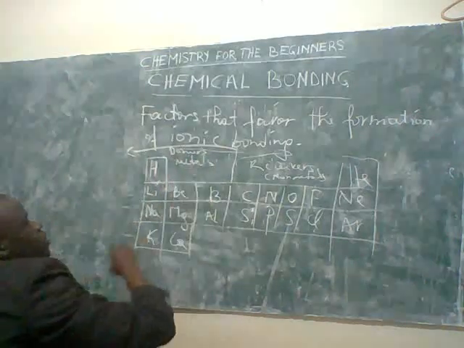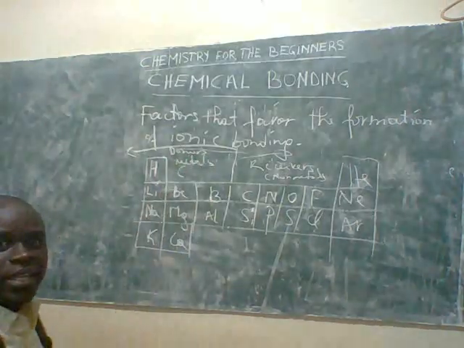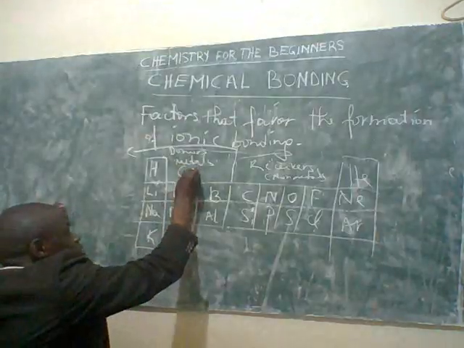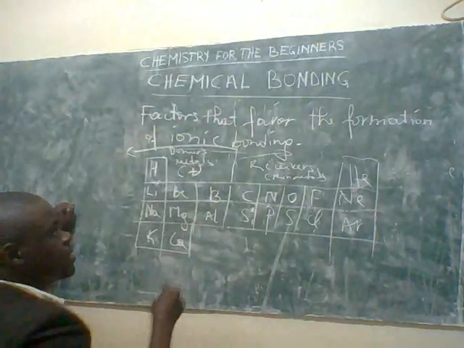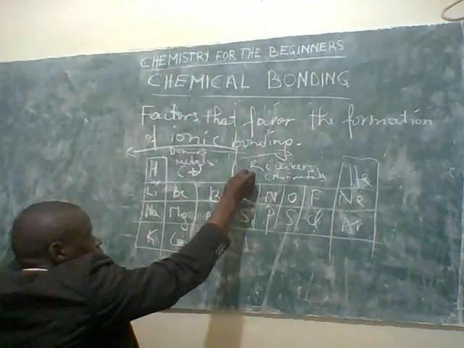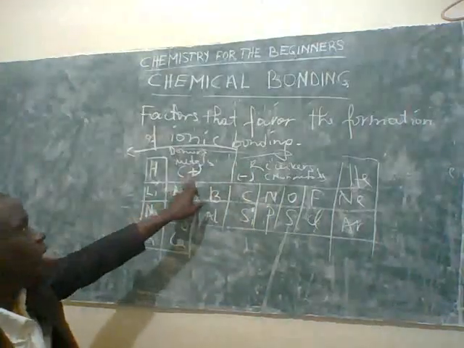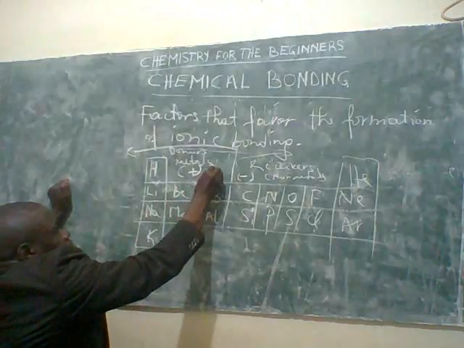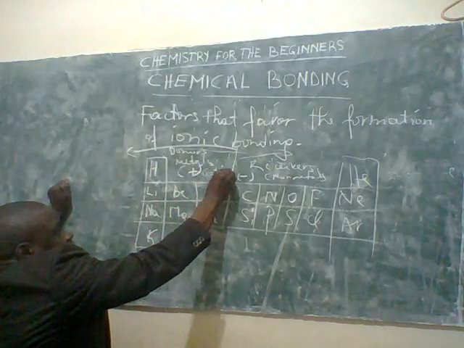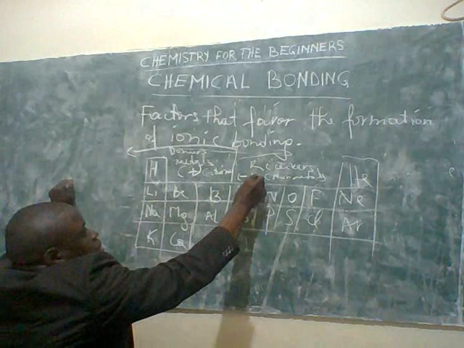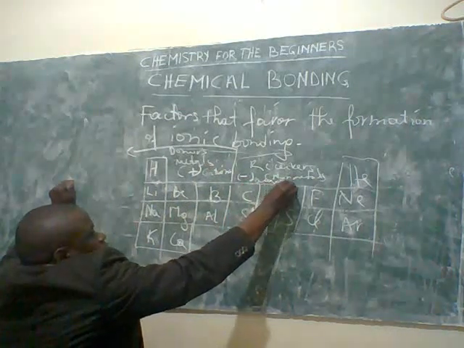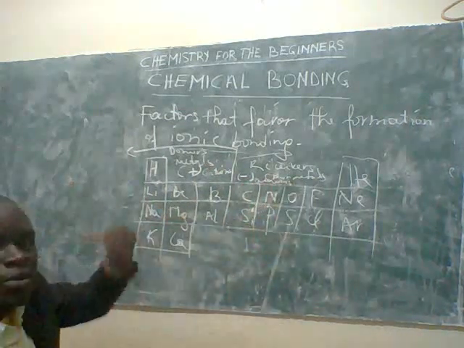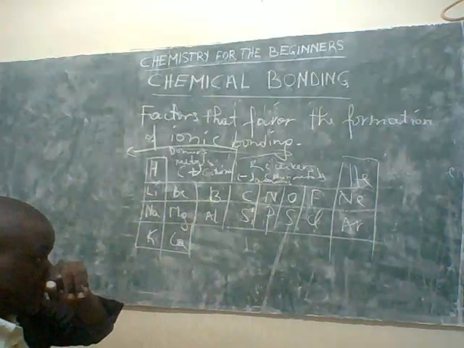Which means here they will have positive charges, and here they will have negative charges. These ones are called cations, and here they are anions. We studied this in the previous lesson.